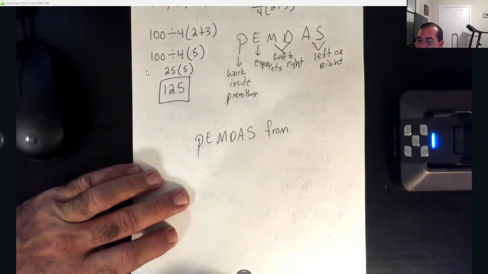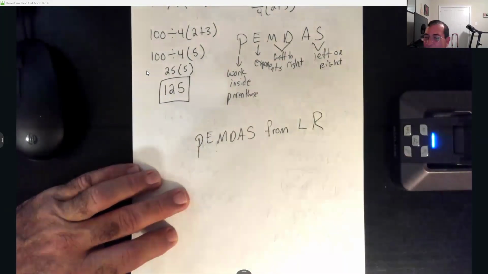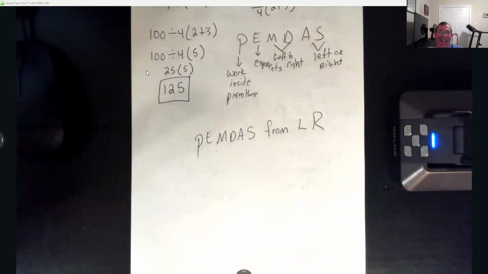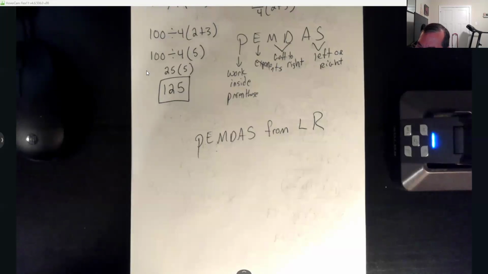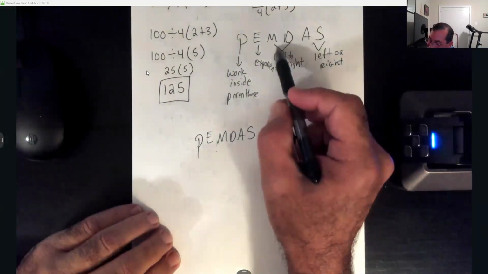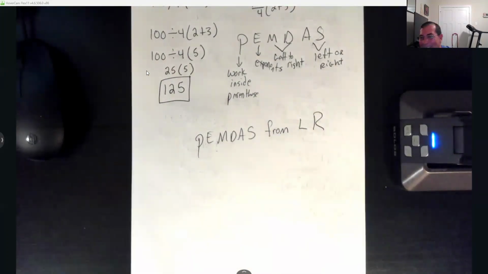Where was Aunt Sally from? Oh, well, guess what? She's from Little Rock, left to right. Y'all ain't never heard that. So that lets you know that these two and these two are the same priority. They just go left to right, okay?